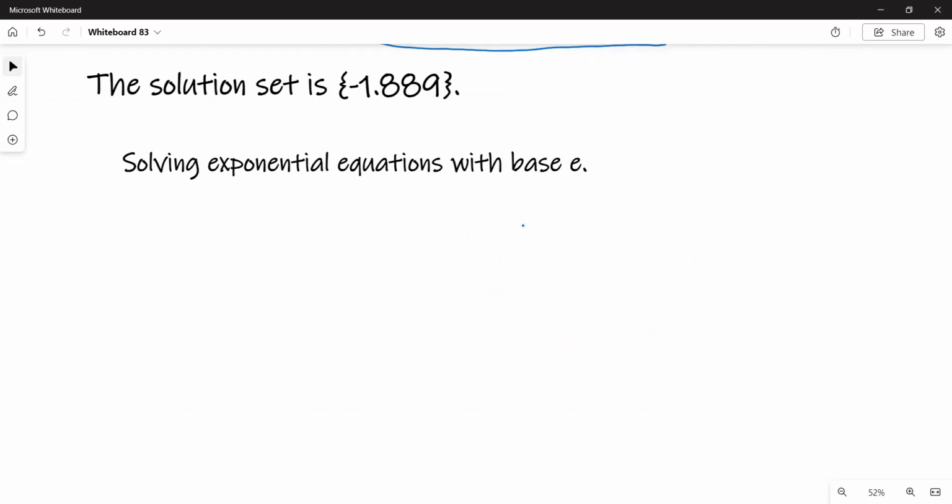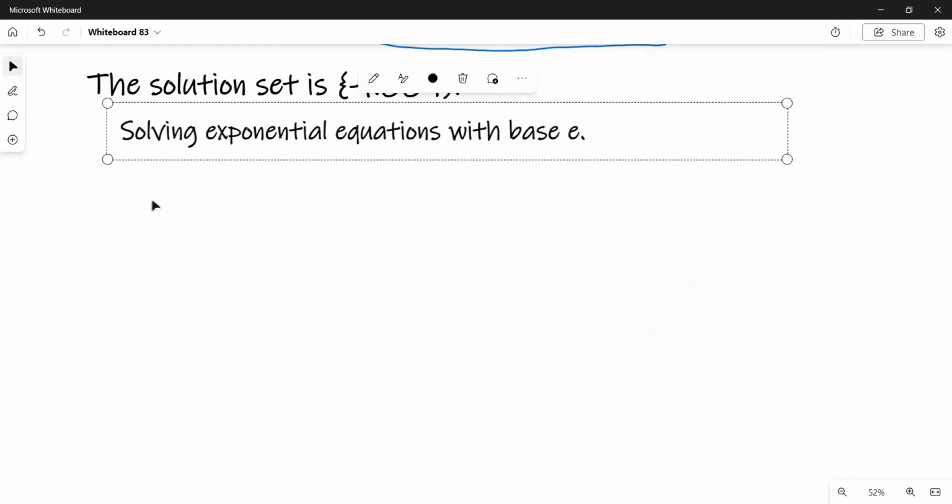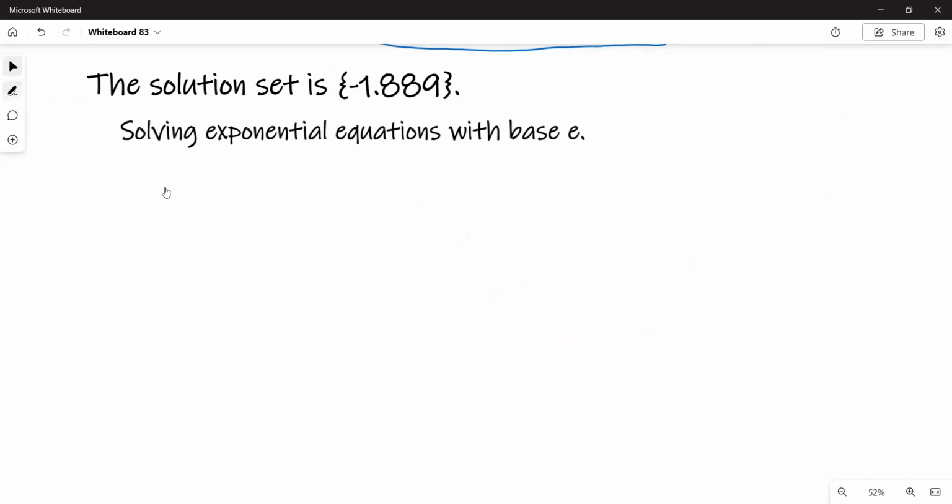Okay, so we're going to solve the following. We're going to start by solving e raised to the x squared equals 150.